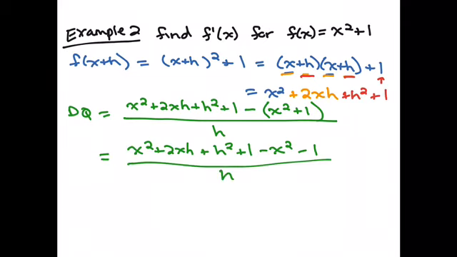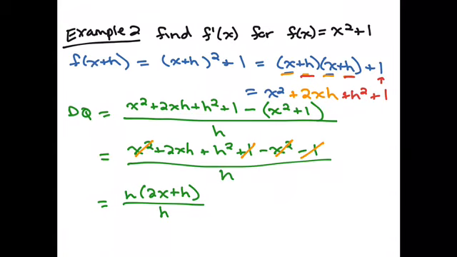So this is all over h, and then I see x squared minus x squared goes to 0, plus 1 minus 1 goes to 0, and notice the terms that are left in my numerator have an h in them, which I can factor out and cancel with my denominator.